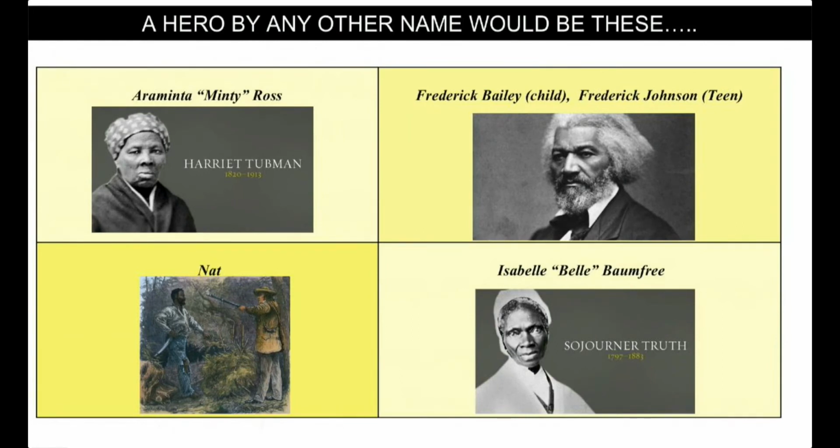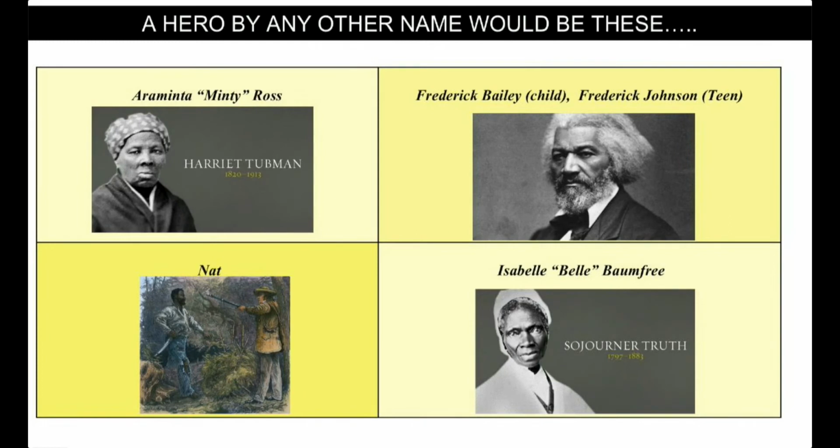He was advertised as Nat Turner, but he was always just Nat. And Isabella Bell Beaumont-Free, we know, self-selected the name Sojourner Truth when she was called to represent her people, she says, and to spread hope and truth. So we know also of many, many other stories.